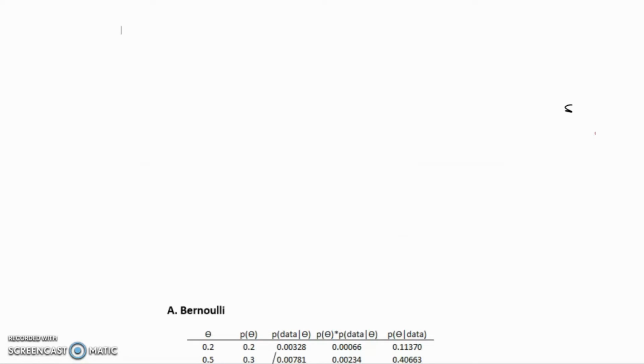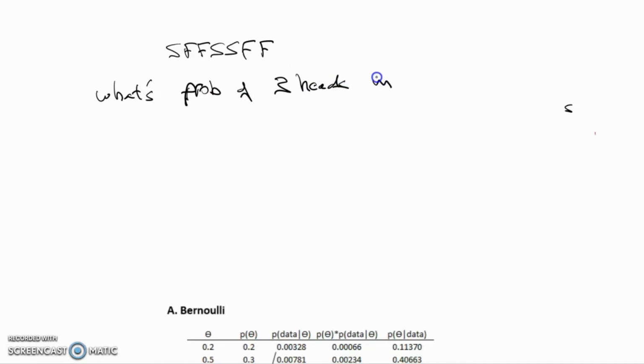So here's the issue. In reality, we're not going to be concerned about any particular outcome. What we're going to be concerned with is what's the probability of 3 heads in 7 flips. We're less likely to be concerned with what's the probability of this particular sequence. And so the formula for getting 3 heads in 7 flips is not going to look like a Bernoulli. It's going to look like a binomial.